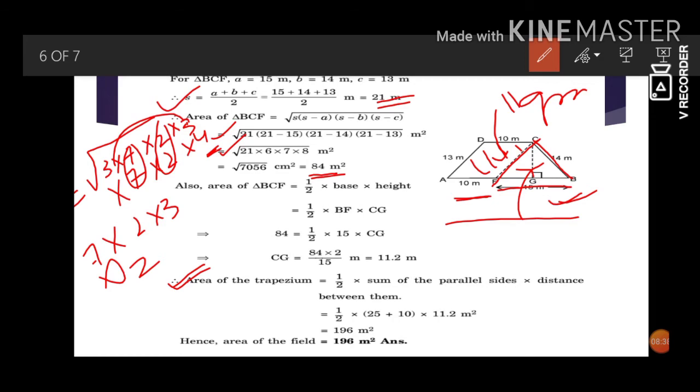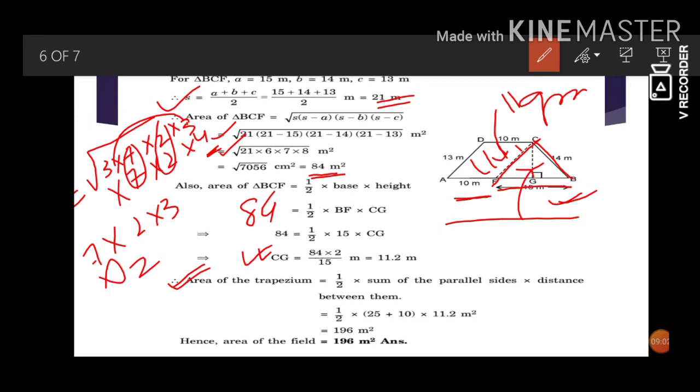Area of triangle BCF is 84. Half base is BF and height is CG. BF we know the value, that is 15. CG we need to find, the perpendicular distance.